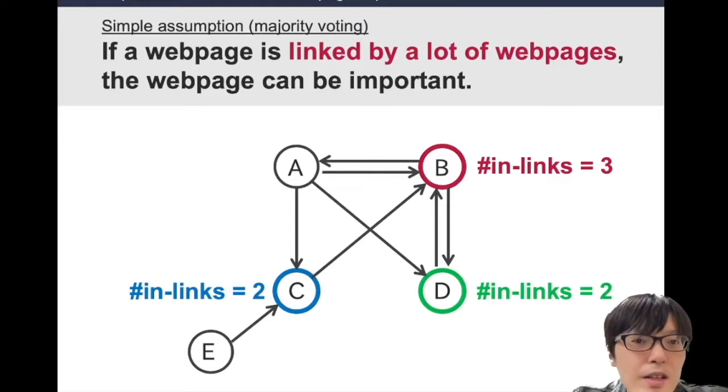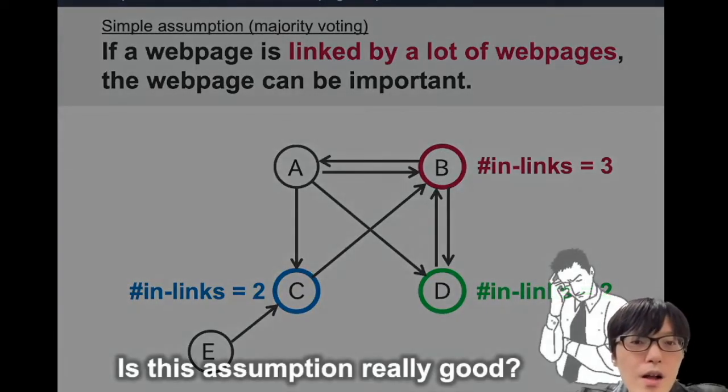The number of in-links for page B is 3 on this graph. So this majority voting approach is often used in our daily life, and so the majority voting approach seems good to evaluate the web pages.